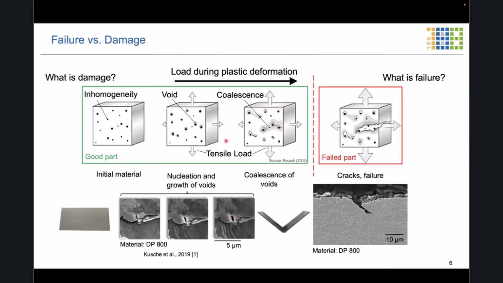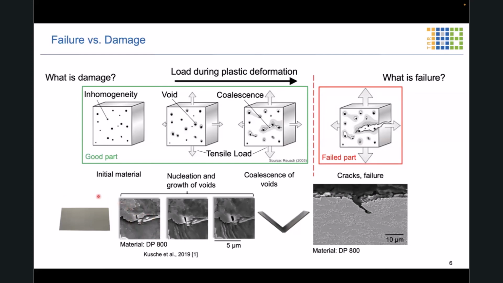These schematics can even be visualized based on real materials. So here you see the example of a dual phase steel of grade DP800, which is composed of a ferritic matrix and a hard martensitic second phase, which is found as islands in this ductile matrix.